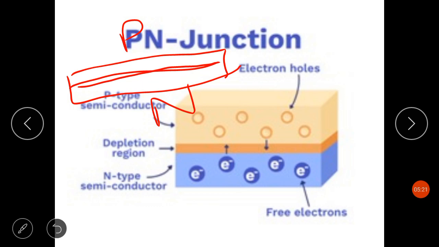Towards the P side we have negative charge because the atoms have excess electrons, and towards the N side we have positive charge, that is, atoms depleted of electrons. Now, as we know, light carries energy. How does sunlight come into play? When light hits the depletion region, it can cause electrons to leave the holes they filled.